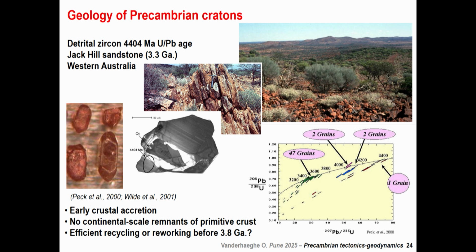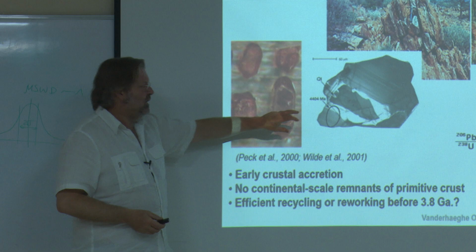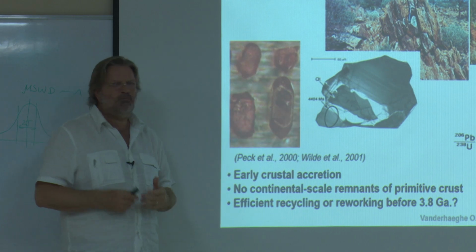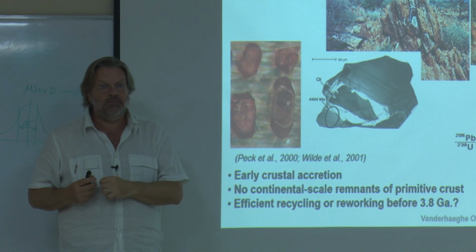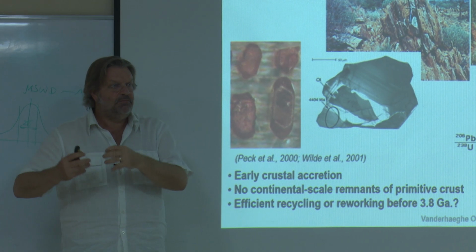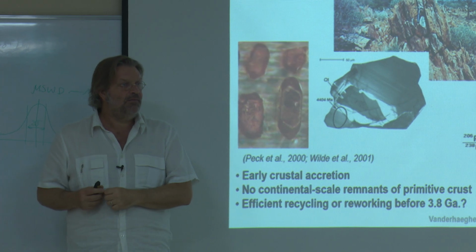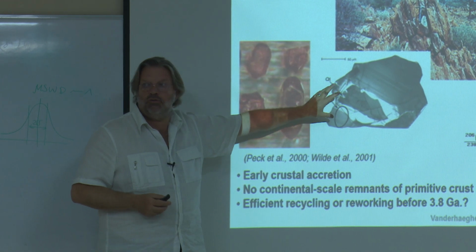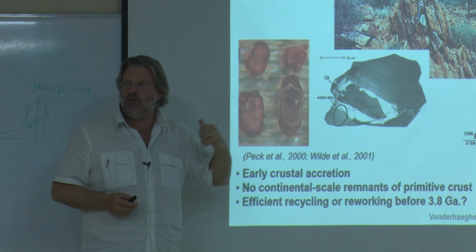But it tells us that there was early crustal accretion preserved in that zircon, and the oxygen isotope signature of this zircon tells us it might have been a zircon from a granite, and a granite means continental crust. So it seems that it's possible to have had continental crust very early in the history of the Earth.